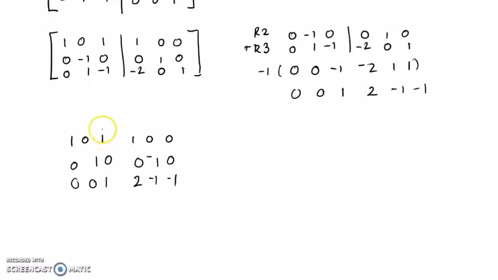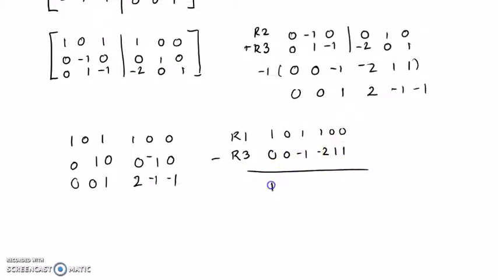So now the only thing I have to eliminate is this 1 right here. So what I'm going to do is take row 1 and subtract row 3. And now I can go ahead and substitute that in for my row 1.